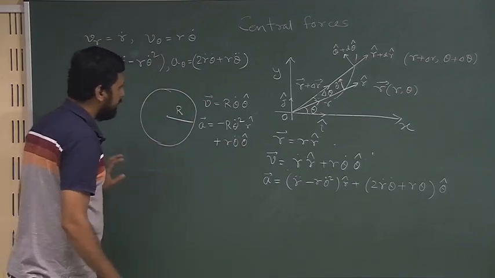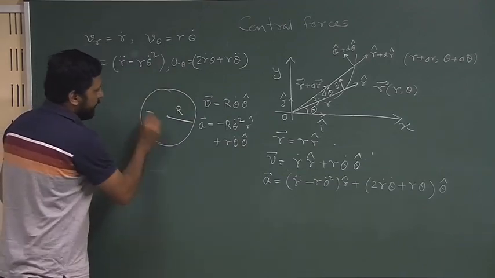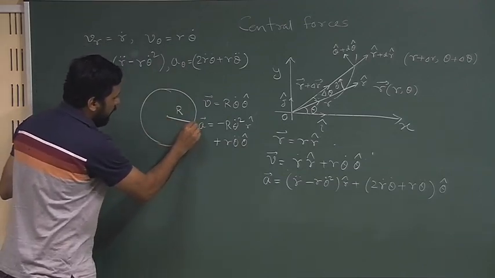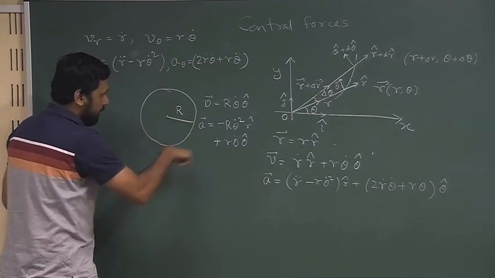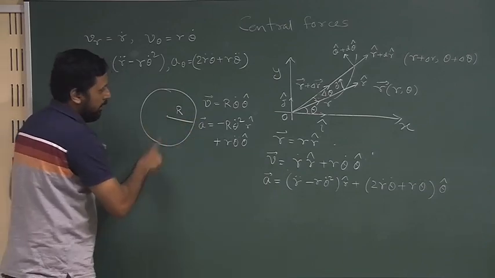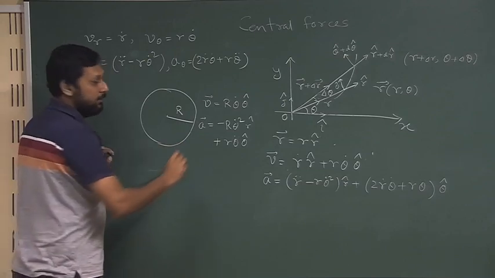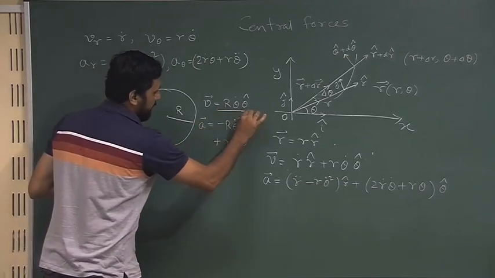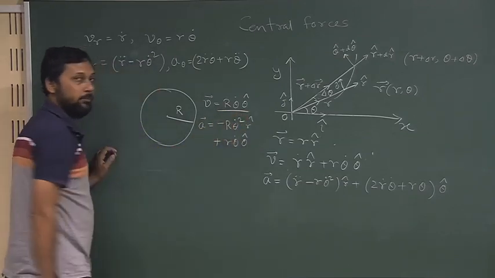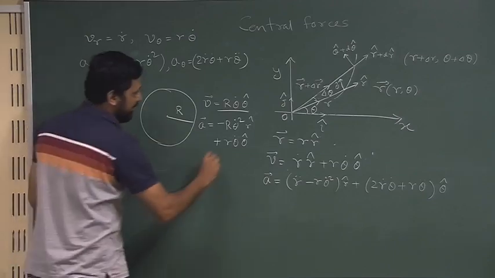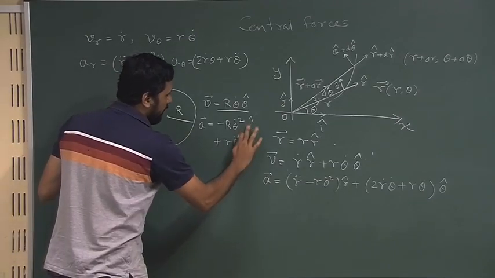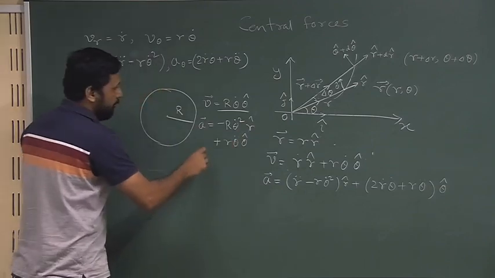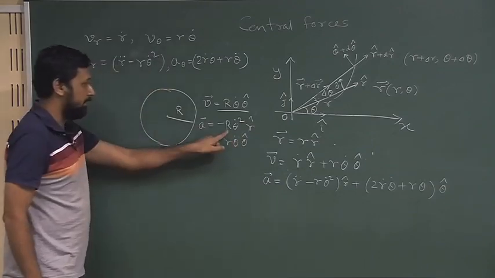Now, what is interesting to note here is that there is no radial movement because it is always on this circular orbit. So, the r component of velocity vanishes and we are left with only the theta component of velocity. But in acceleration, although there is no radial movement, we have a radial component of acceleration.